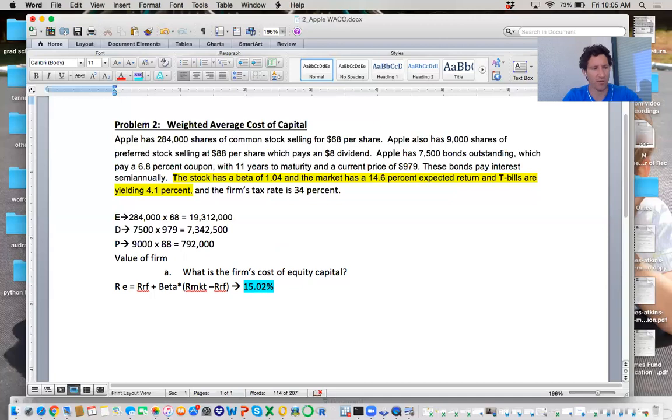The total value of the firm, the sum of each of these, $27,446,500. Okay, now to find the weight of each one, just divide each piece by the total.